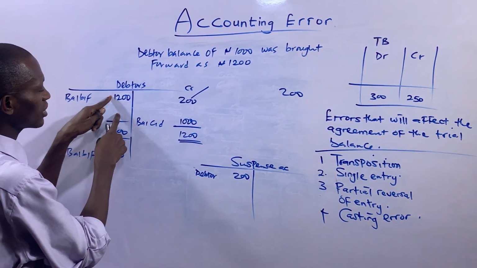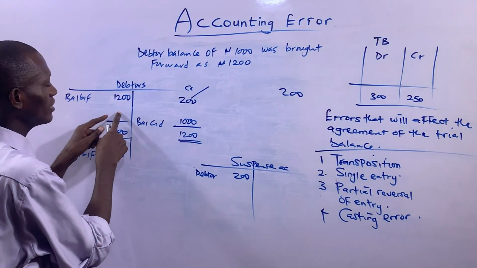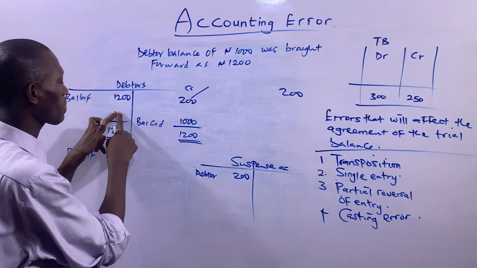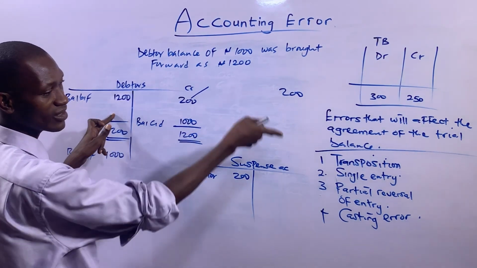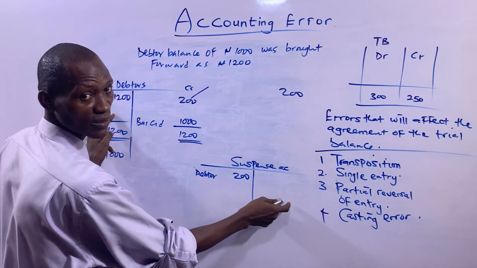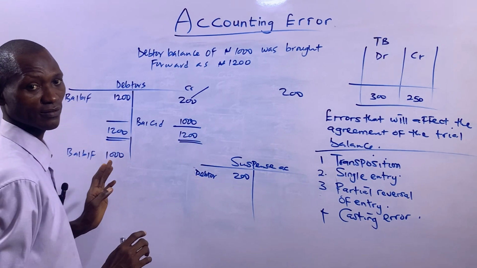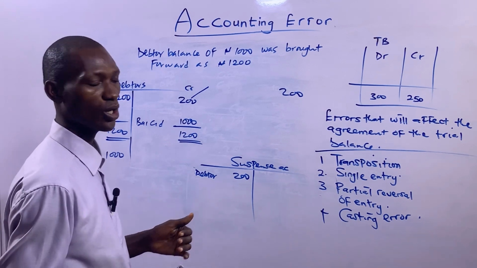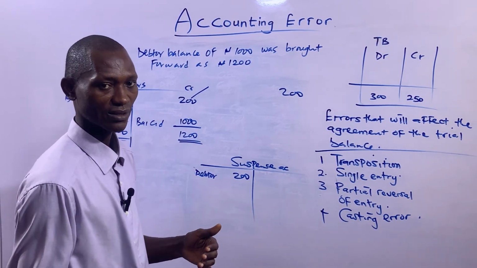So 200 plus 800 will give you 1,000. Since it is recorded on this debit side, the corresponding credit entry of that 200 naira will be on the credit side of the suspense account. So that's basically if it's an error of undercast.